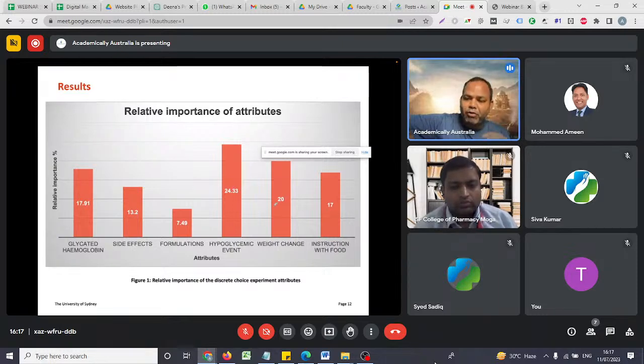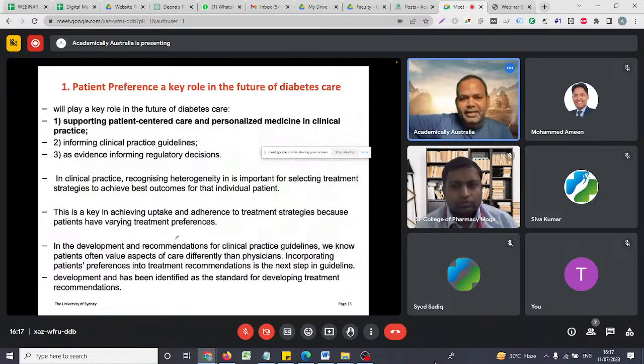As you know, only metformin does not increase body weight; most other medications increase the body weight of diabetes patients. The third factor was effectiveness, followed by interaction with food, then side effect, and then formulations last. So patient preference plays a key role in the future of diabetes care.